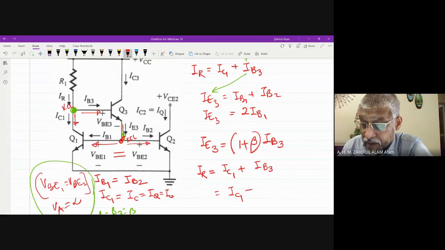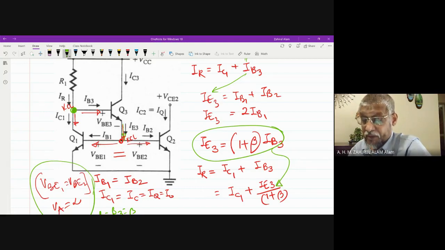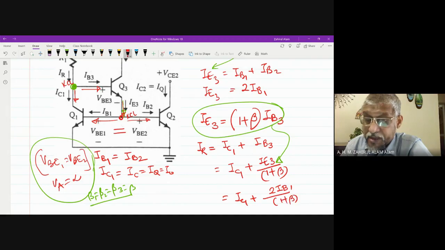And from this relation we can write IC1 plus IE3 divided by 1 plus beta. So from this, we substitute. But we have already mentioned that IE3 is equal to 2IB1, 1 plus beta from this location.